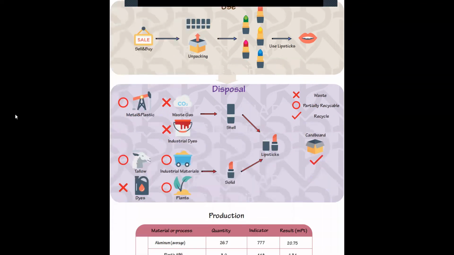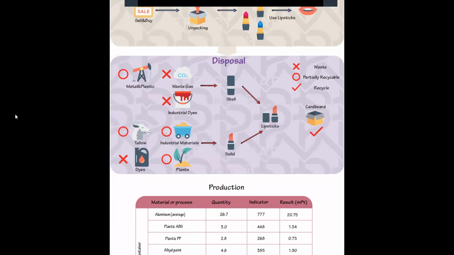The next part is disposal of product waste. First of all, cardboard is recyclable as the outer packaging material of the product. Most of the metal, plastic, and industrial dye as the shell materials of the product are not recyclable, and the disposal of these materials will produce waste pollution.